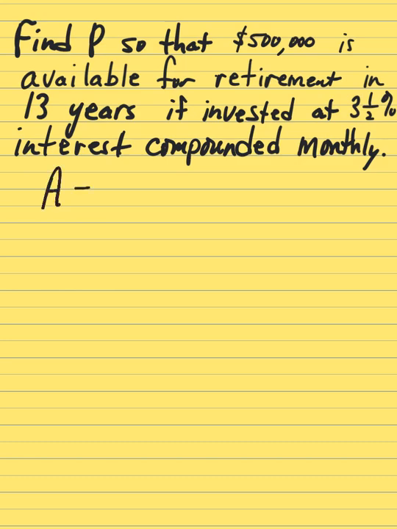Okay, now remember the formula for compounding that's not continuous has a slightly different look. If it says compounded continuously, use P times e to the RT. If it's compounded any other way, well, at least not continuously, then we have this formula.